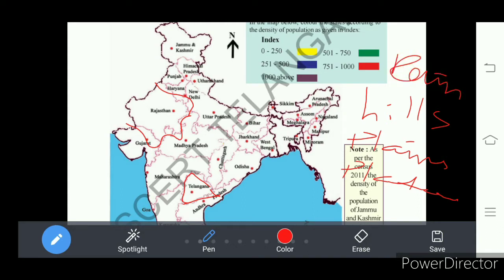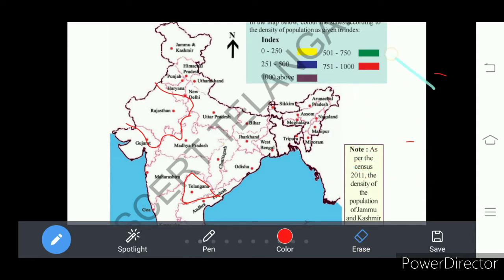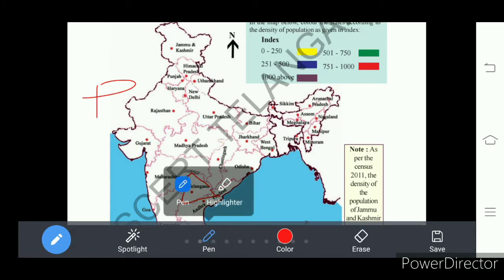No. So what do we find here? We find only political boundaries of the states, so it is called a political map, because it is showing the boundaries of states.